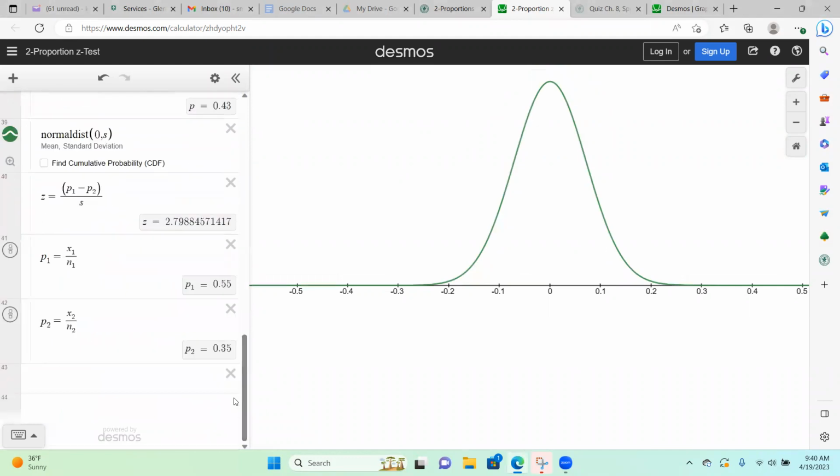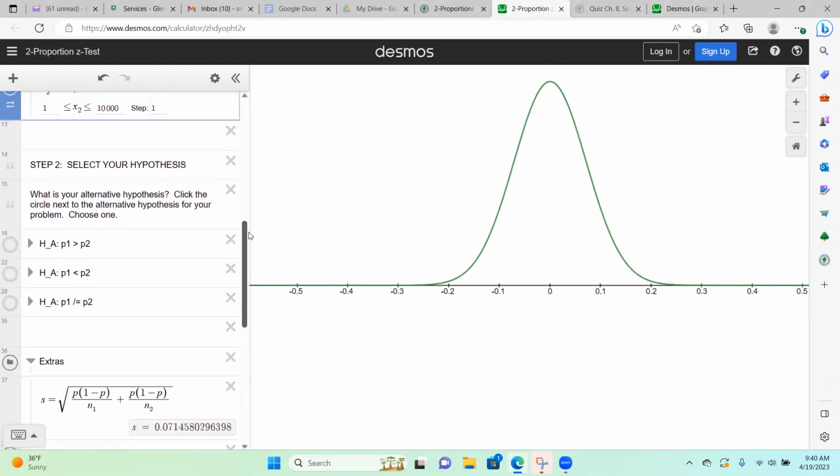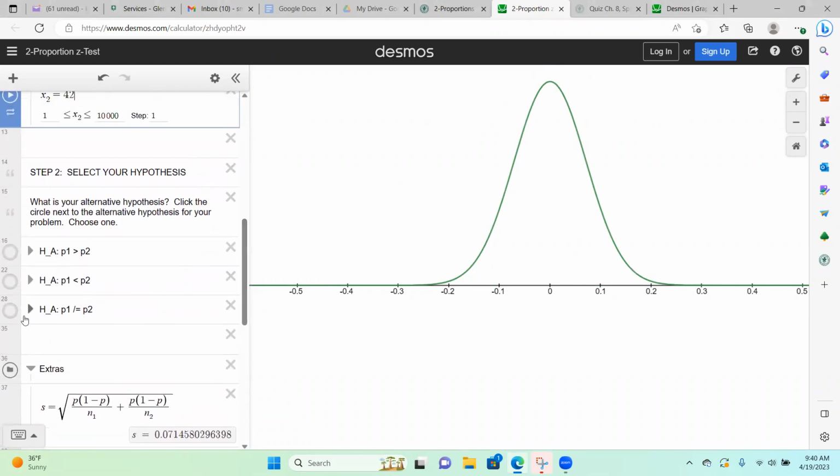So let's go down and write down our proportions. Our P hat 1, the P hat for the college students, is 0.55, and our P hat for the high school students is 0.35. Because it's a two-tailed test, we're clicking on the one that says not equal to right here.